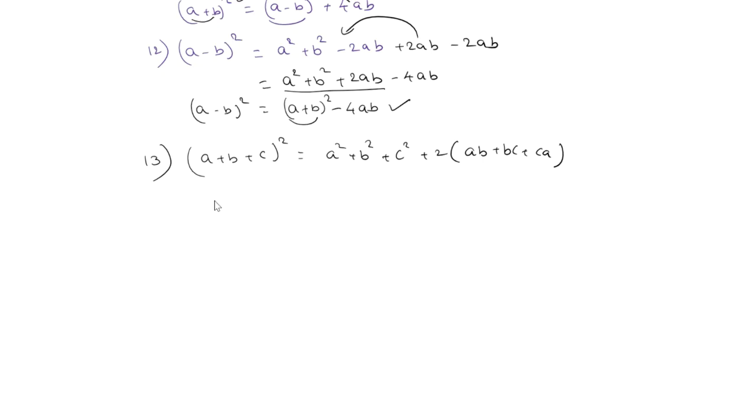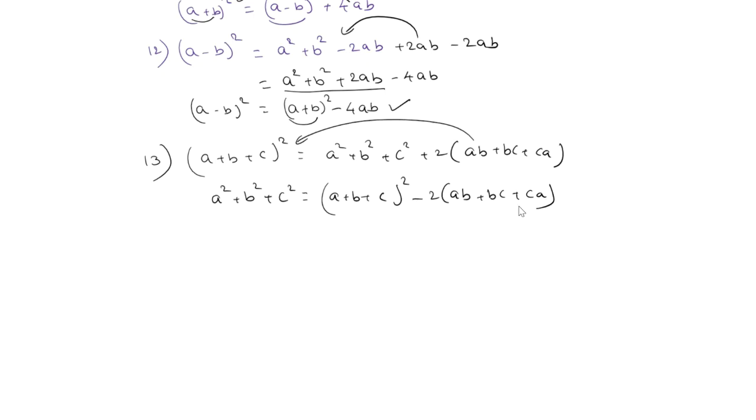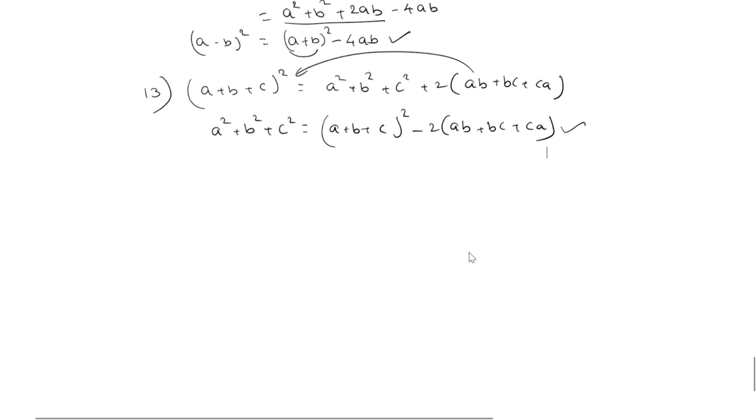If I send this 2 into (ab + bc + ca) to the left-hand side, I can recreate one new formula: a square plus b square plus c square is equal to (a + b + c) whole square minus 2 into (ab + bc + ca). So this is also one new formula for (a + b + c) whole square. These are the most important formulas in mathematics.